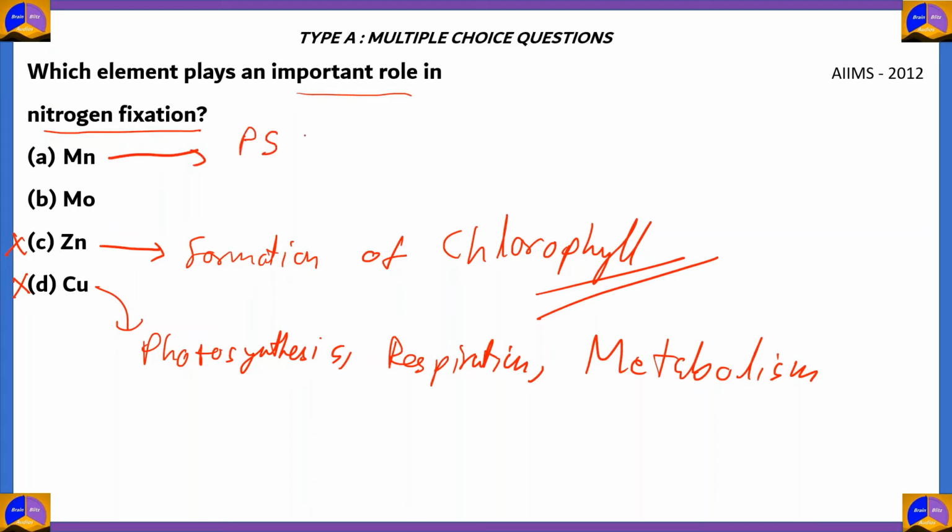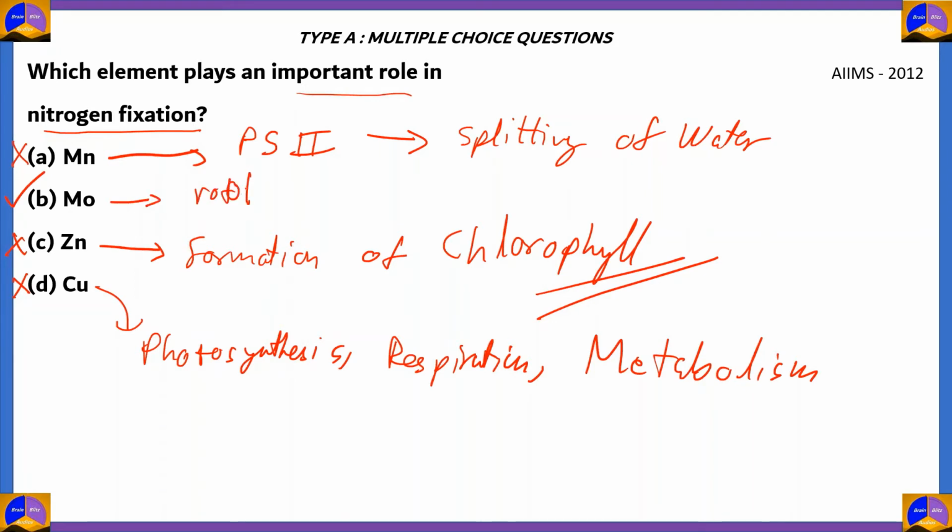It is present in the photosystem 2 of plant photosynthesis, and in that manganese helps in the splitting of water. So therefore option A is incorrect. The right answer is option B, molybdenum. So molybdenum is found in the roots of legumes, and the roots of legumes is where nitrogen fixation occurs.